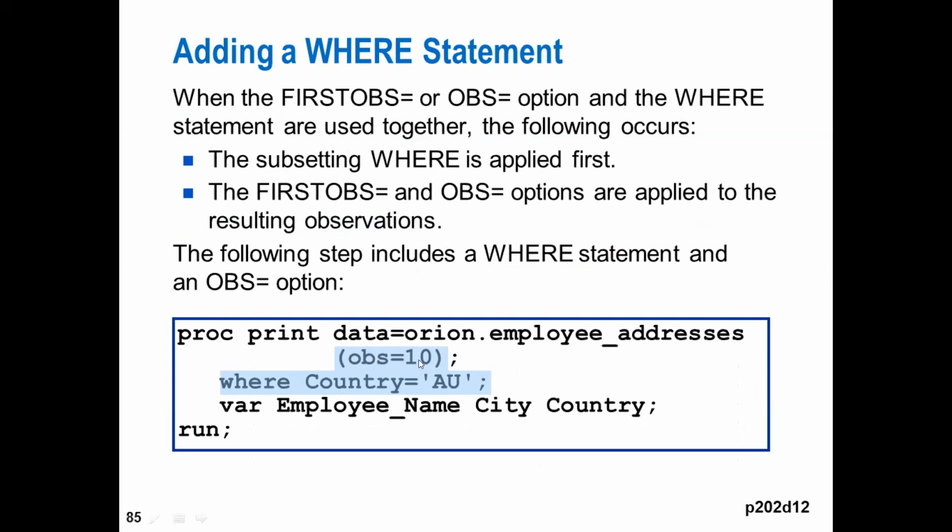Now it will stop processing when OBS is 10. So among the first 10 observations, wherever AU is true, only those observations it will display in the output. Understand carefully what it's telling.